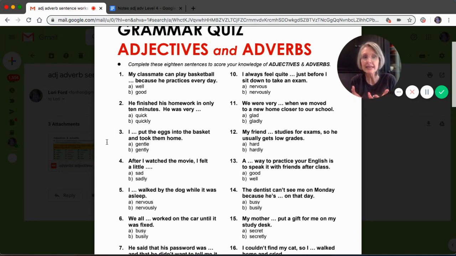Because remember, eggs, they break, right? So this is talking about the way that you put the eggs into the basket. How did you do it? Okay, so A is an adjective, and B, it ends in ly. It's your adverb. Okay, so which one do you want to pick? Which one will tell you about the way that you put the eggs into the basket?